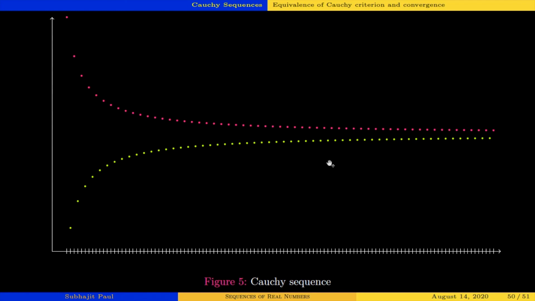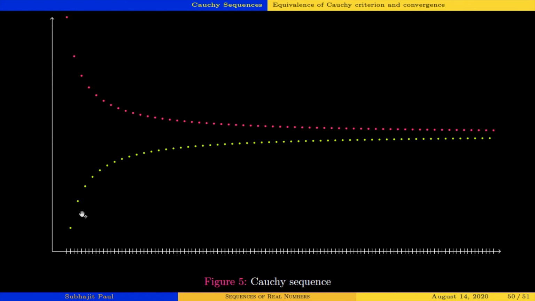This is x1, this is x2, this is x3, x4, x5, x6, x7, x8, x9, and so on. Say this is the even subsequence, and this is the odd subsequence. But they are subsequences anyway.